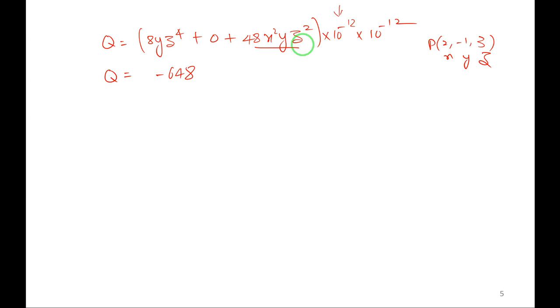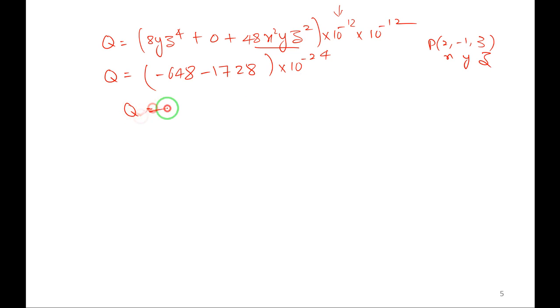Third term: 48 into x squared, that is 4, into y is minus 1, into z squared, 3 squared is 9. So I am getting minus 1728. And 10 power minus 12 plus 12 is 24.